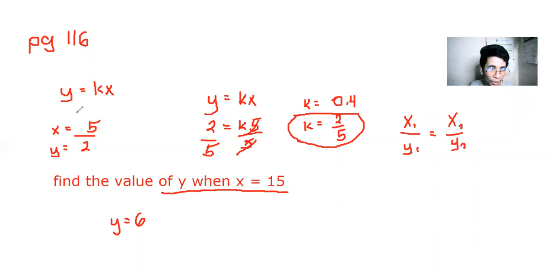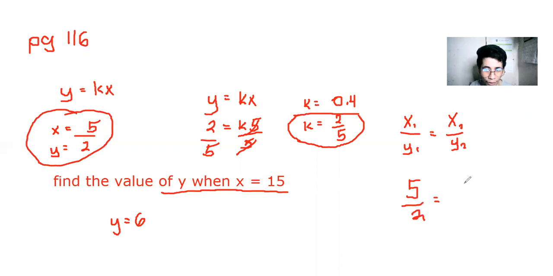Our x sub 1 and y sub 1 are the first values, so we have 5 over 2 is equal to 15 over y, since y is the second one that is unknown.